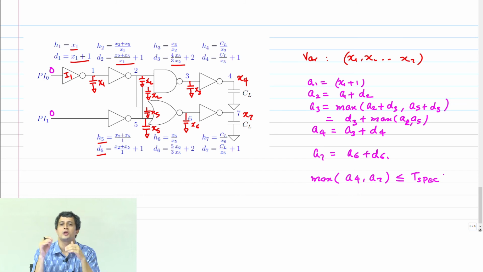Okay. Now, typically, you don't try to minimize the delay of a circuit because you are given a timing spec. If you try to minimize the delay, you will make this circuit much faster than the spec, but end up burning more power or more area. So therefore, what I'm going to do is, I'm going to set up my optimization problem to be the following. I will minimize summation xk.